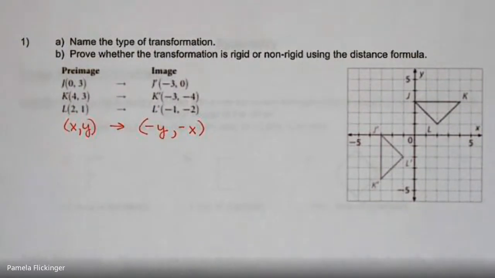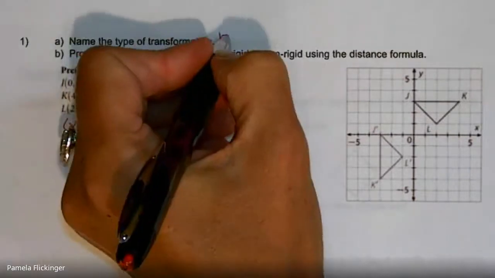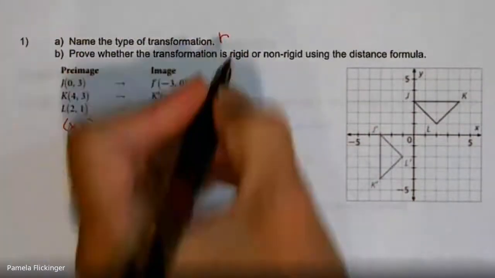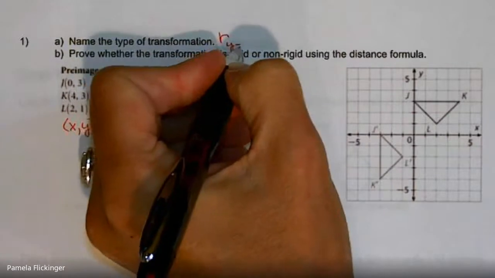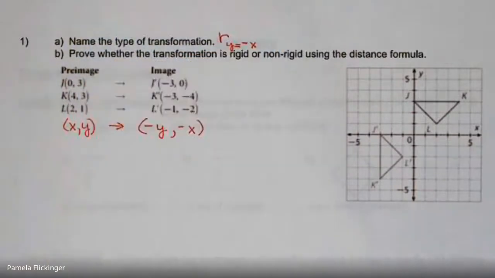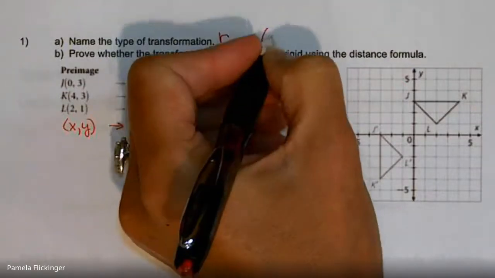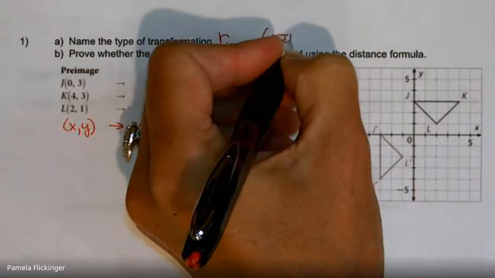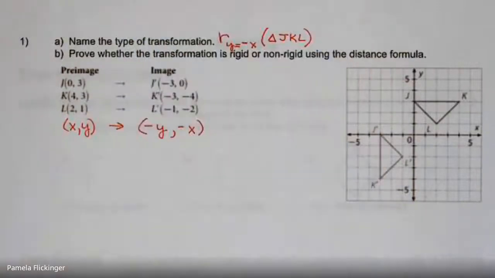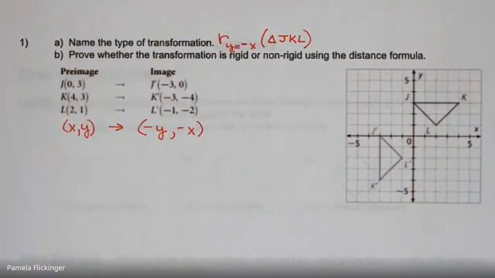And if you look at your little cheat sheet, all right, and find that pattern, you'll notice that this was a reflection across y equals negative x. All right, now what we're reflecting is a triangle. So behind it, we would put triangle JKL or whatever order you want to name. So that would be the type of transformation.